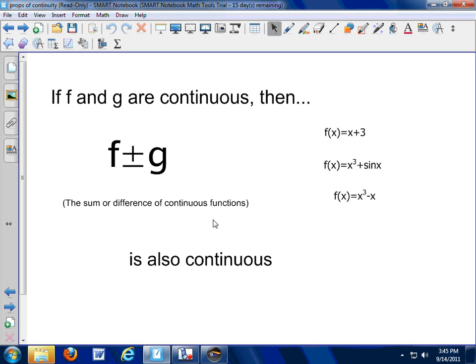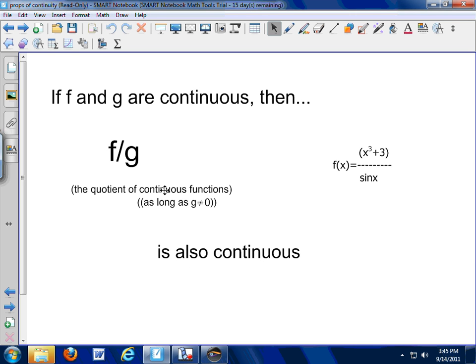If we look at the ones we talked about, x plus 3, x was a continuous function, 3 is a continuous function, add them together, get another continuous function. Continuous function plus continuous function gives me another continuous function. You see the pattern? Okay.